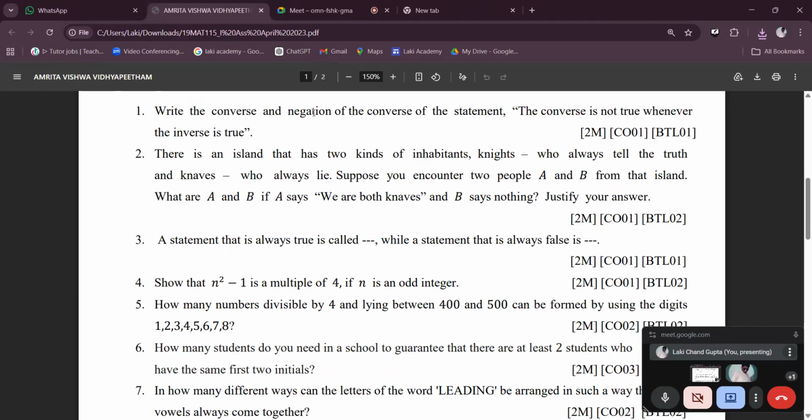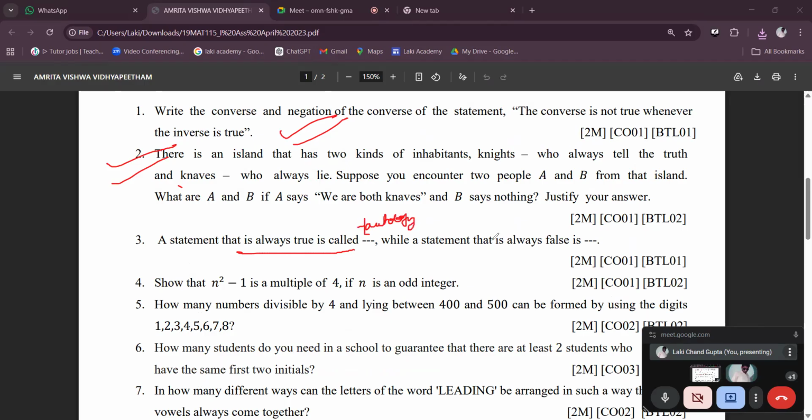Same question. Converse and negation of the statement. Now you can do this, right? This is a proof problem. A statement that is always true is called tautology.